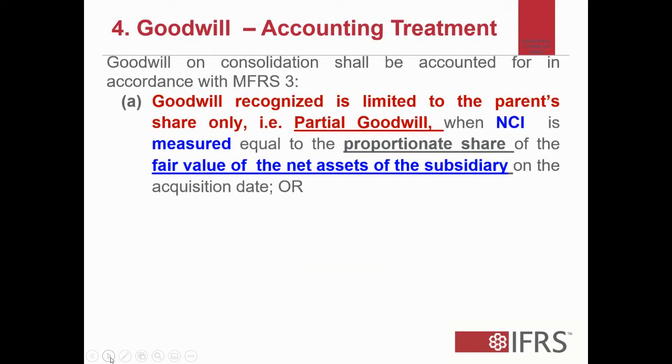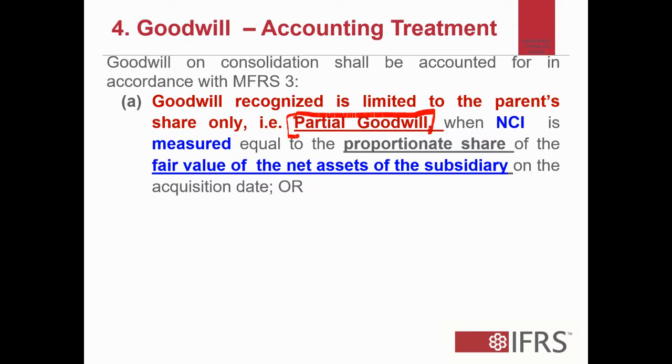In terms of accounting treatment, it shall be accounted for in accordance with MFRS 3, where it will be recognized according to two options, depending on how NCI is measured. So goodwill, if you have the first option, which is partial goodwill.